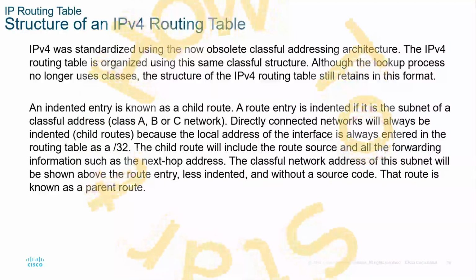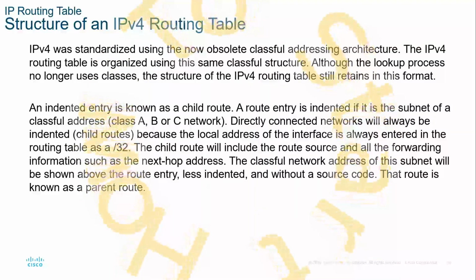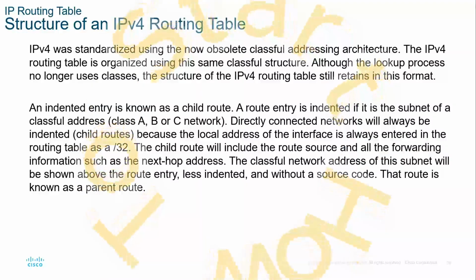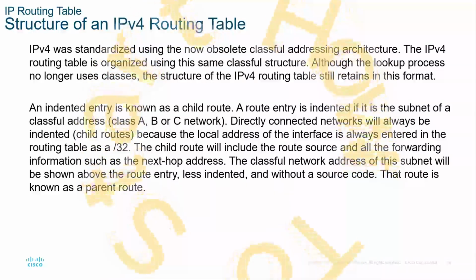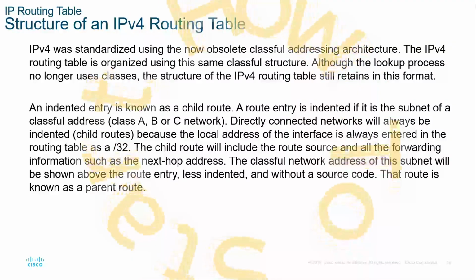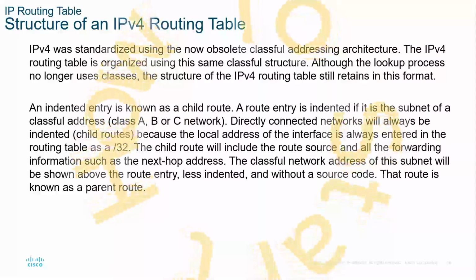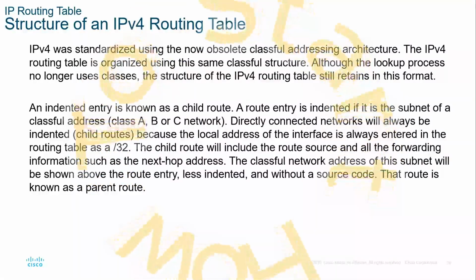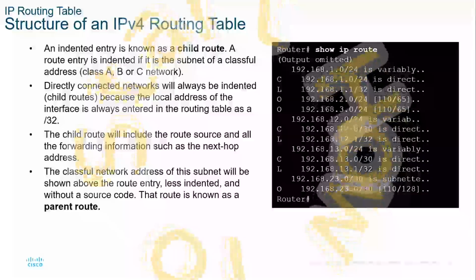You'll have a main route that will be class A, B, or C, and they'll have indented sub-routes. Those are called child routes, and they will include the route source and all of the forwarding information, such as next hop, that will be useful. The classful network address of this subnet will be shown as the route entry. It's not indented. The route is known as a parent route.